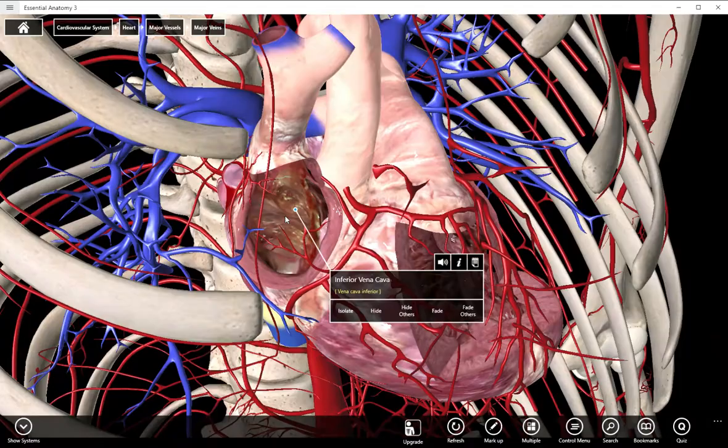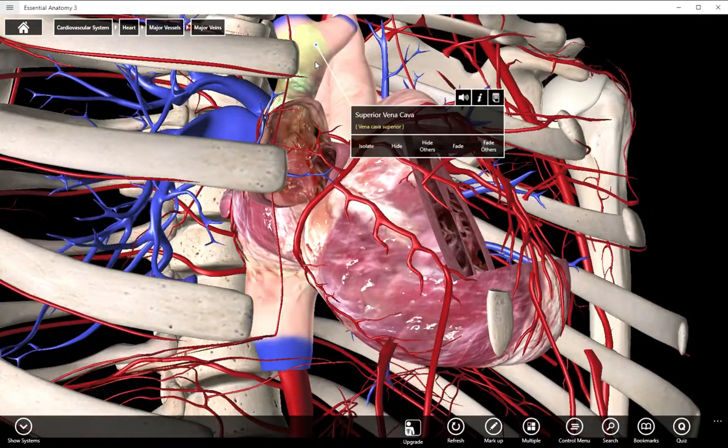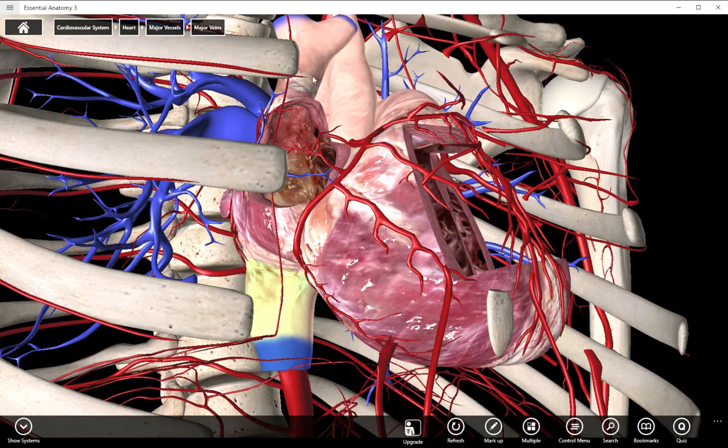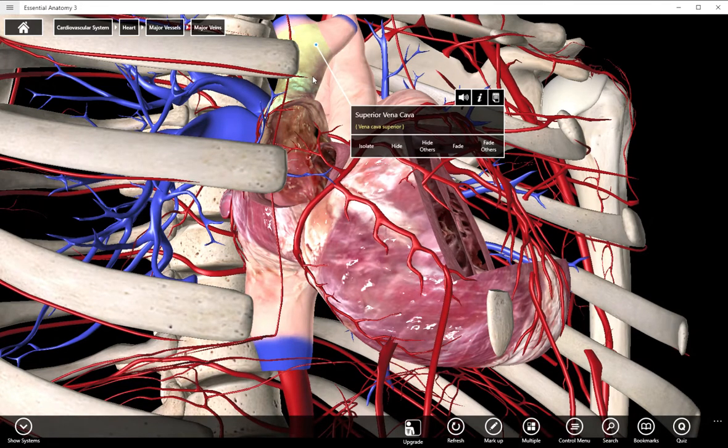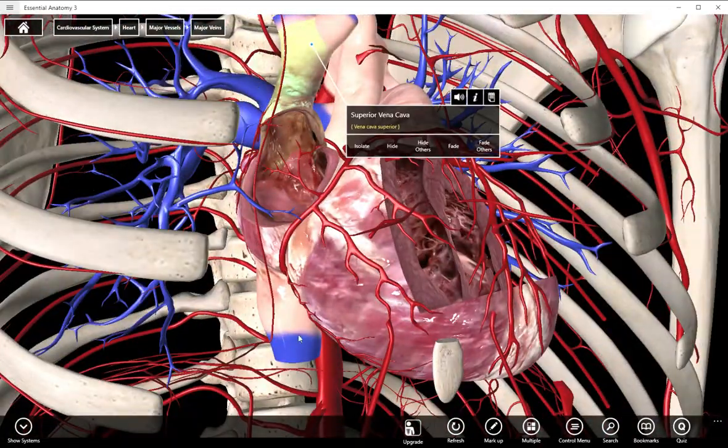This right atrium is receiving blood from the inferior vena cava and the superior vena cava. These are the two main veins that bring blood back into your heart, specifically into the right atrium. So the pulmonary veins bring blood back to your left atrium. The vena cava bring blood back to your right atrium.